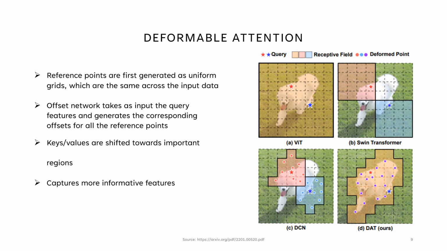Figure C shows the implementation of the deformable convolution network, which learns different deformed points for each query. Finally, Figure D shows the deformable attention transformer, which learns shared deformed points for all queries and is very focused on the relevant features of the input image.